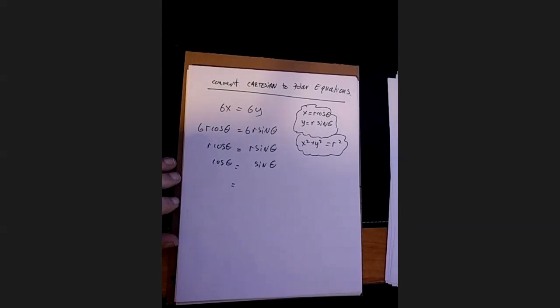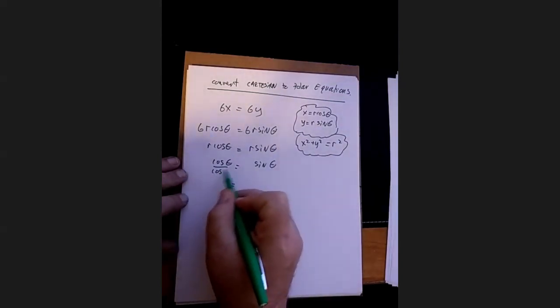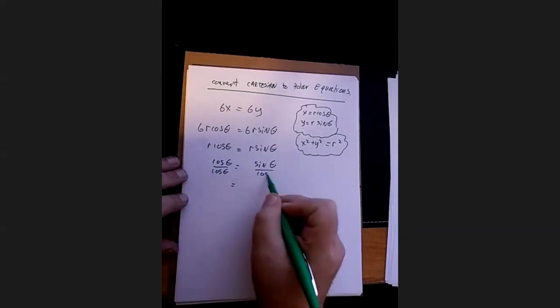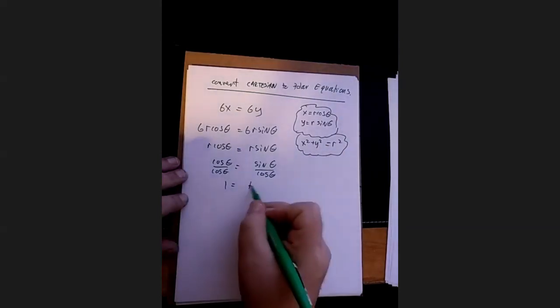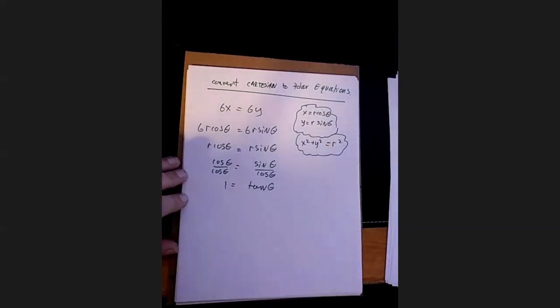So both those lines are valid. We're assuming r isn't 0. If r was 0, it would be the origin. That'd be a special case anyway. What can I divide both sides by now to get that to be simpler? Cosine? You remember we did some kind of equation that had that kind of situation, and you ended up with a tan, right? In this case, don't you end up with tan that looks like that?